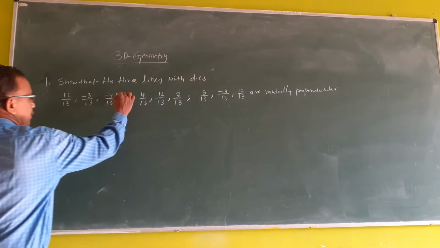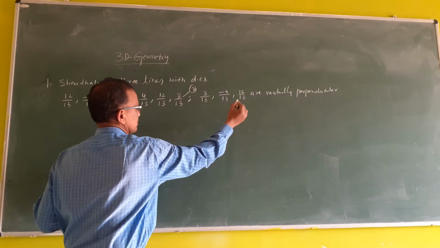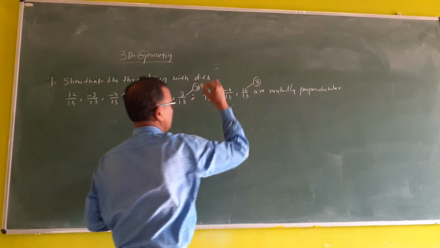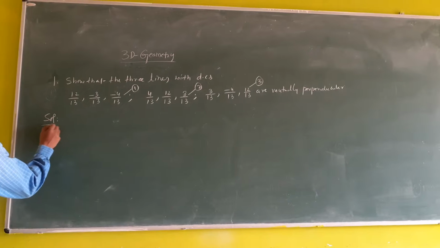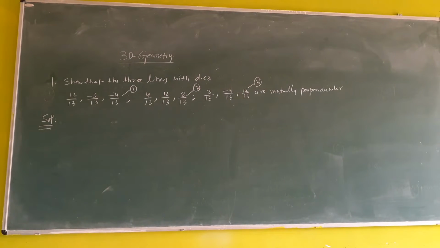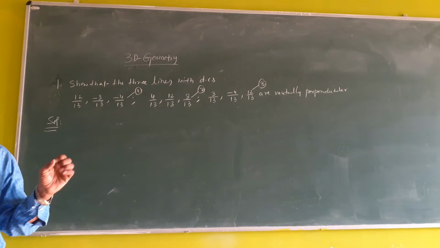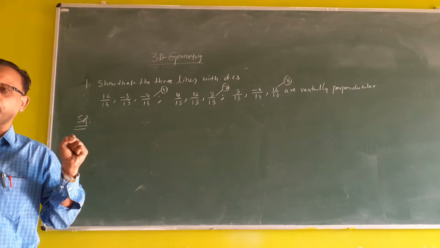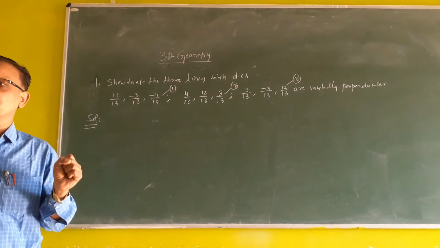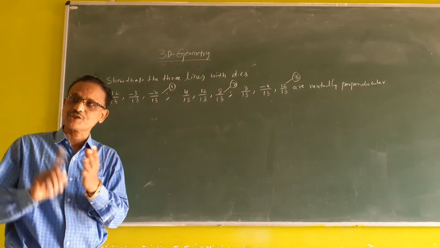See, this is line 1, this is line 2 direction cosines, these are line 3 direction cosines. See, the perpendicularity condition. What is the perpendicularity condition? If two lines are perpendicular, then the condition is with the direction ratios.